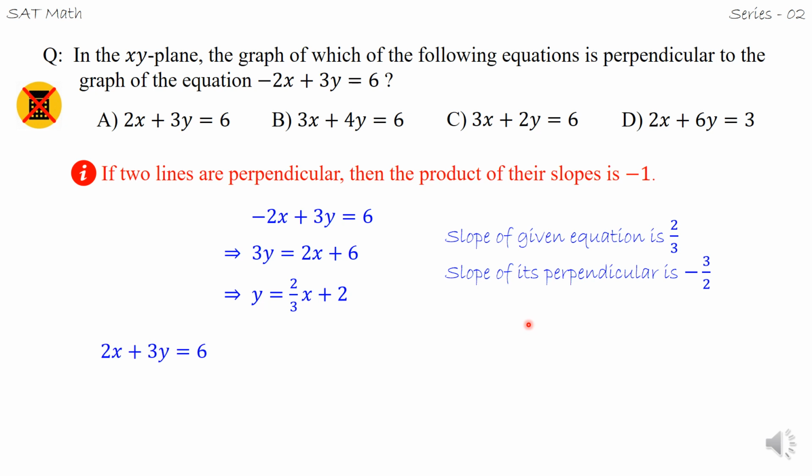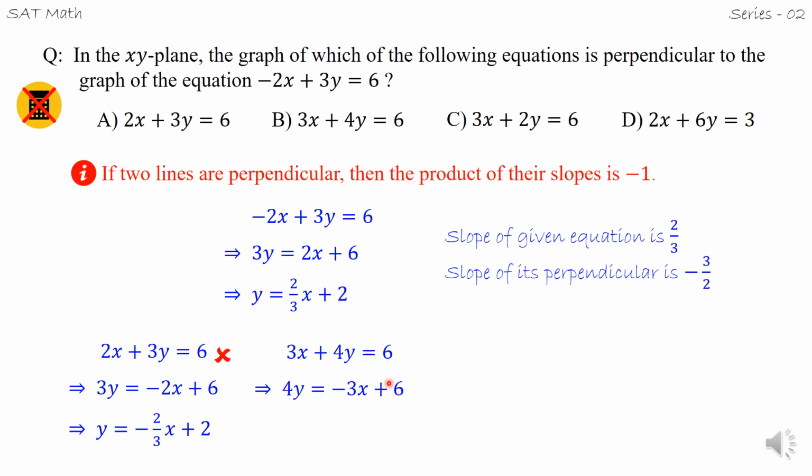Okay, let us check each option. Which one has got the slope -3 over 2? Option A, its slope is -2 over 3, which is not correct. Option B, the slope is -3 over 4, which is also not correct.